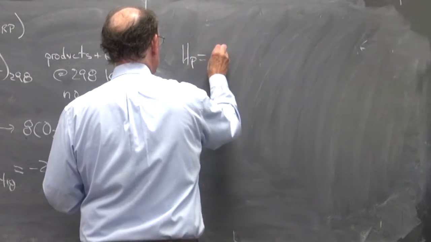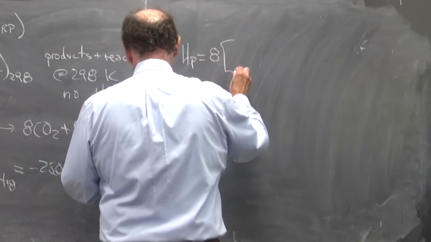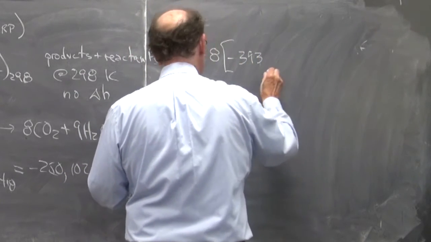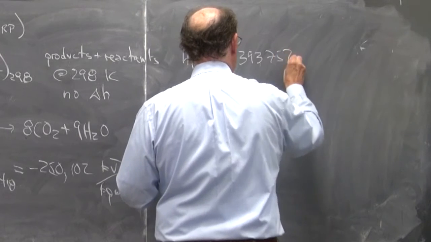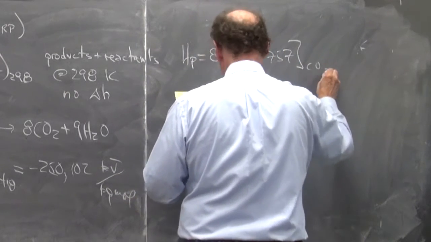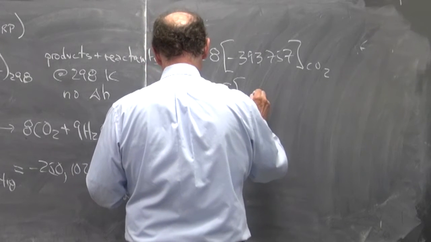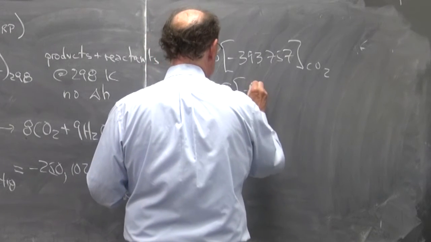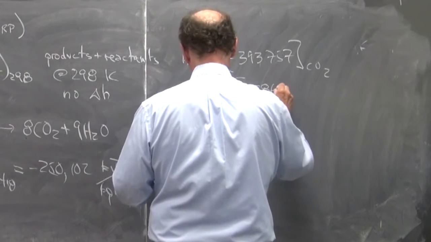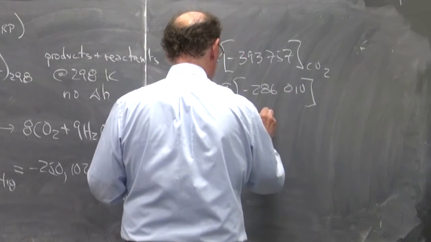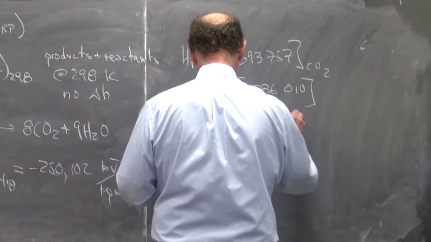H sub P is equal to 8 times the enthalpy of formation of the carbon dioxide, minus 393,757, with the CO2, plus 9 times minus 286,010, minus 241.